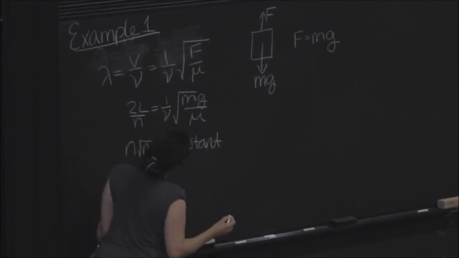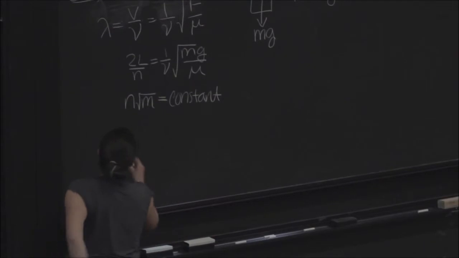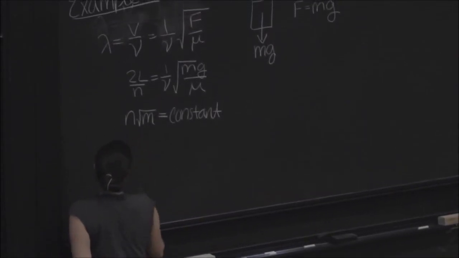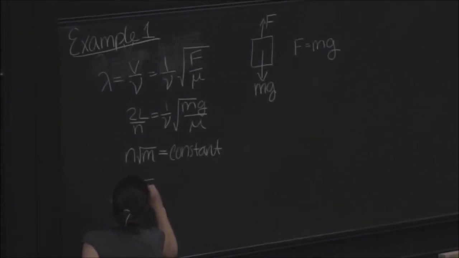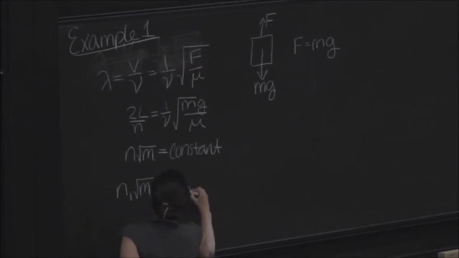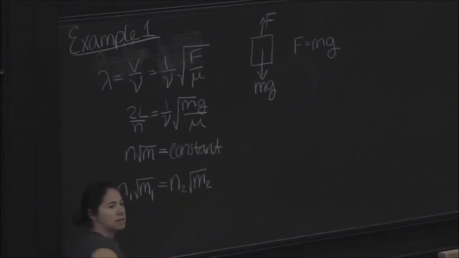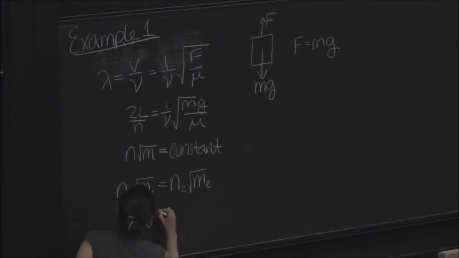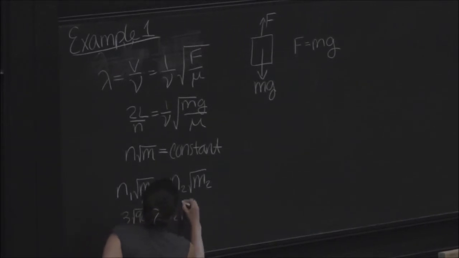So for the first case, the number of antinodes times the square root of the first mass should equal the number of antinodes times the square root of the second mass. If this ends up being an integer, then we have a resonance condition. So 5 square root of 90 grams equals N2 square root of 250 grams.